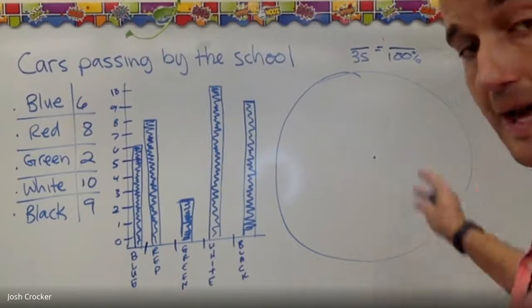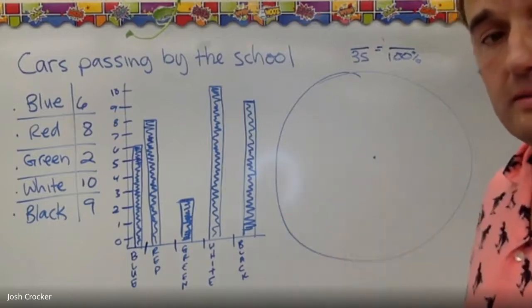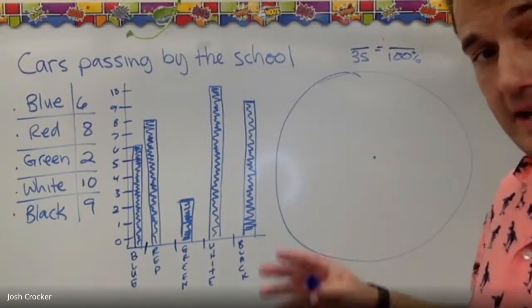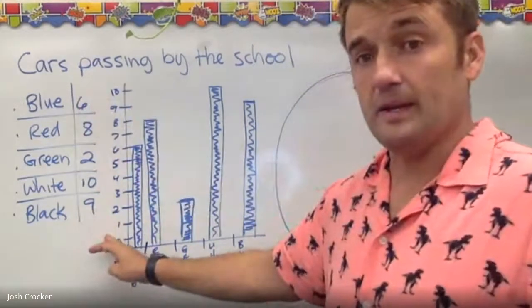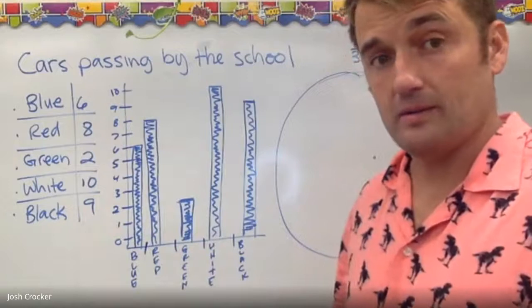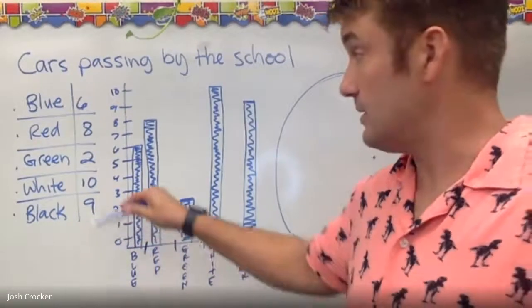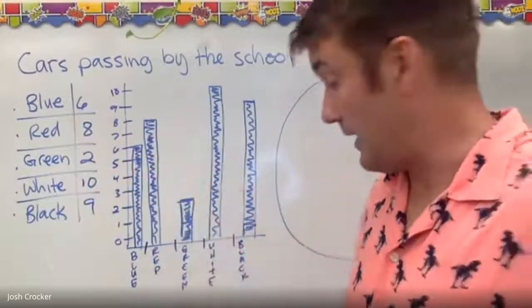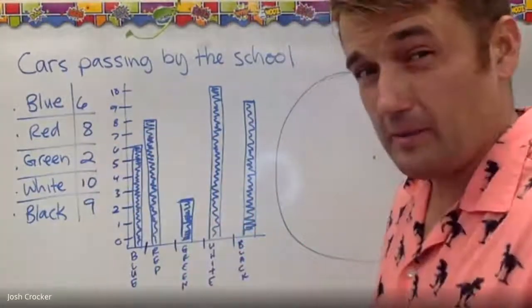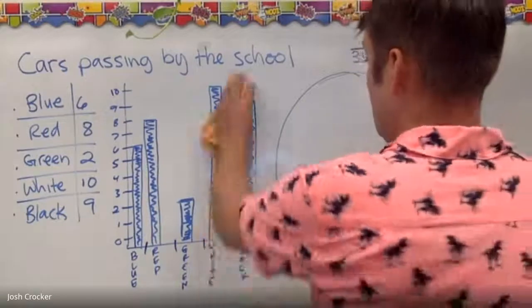So this whole pie is 100%. It's everything. And now each one of these will become a fraction. And this number will become the top number in my fraction. I'm going to get rid of my bar graph. We've done that step.